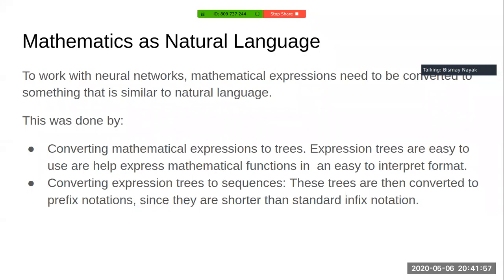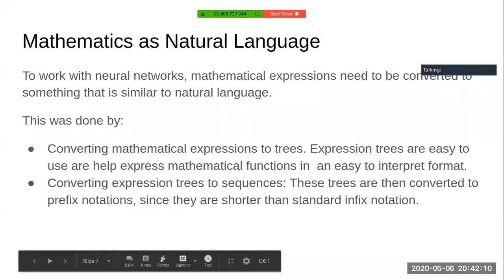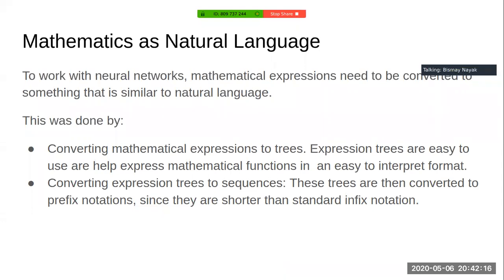So since there are no more brackets necessary, the expressions are smaller than what would be required in a standard infix notation. So to convert mathematical expressions to natural languages, we can just say that the standard expressions are converted into their corresponding prefix notations.